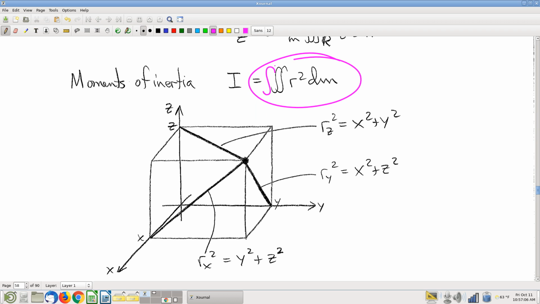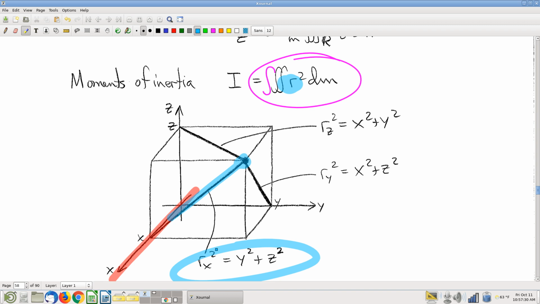And, again, it remains that what this r is depends on what you are rotating around. So if you are rotating around the x-axis, that r is its distance to the x-axis, which is determined by that little Pythagorean equation there.